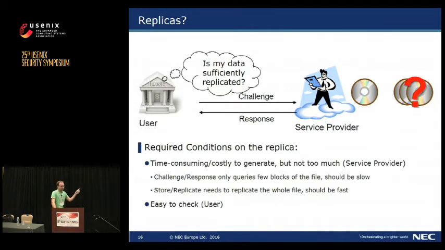On the other hand, for the store replicate, we of course want to have the costs rather low. So if we upload something, the service provider needs to replicate everything, but of course this should not take forever. So there needs to be a fine balance found between the cost high enough so that we can catch him during the challenge response, but low enough so that replication is possible.